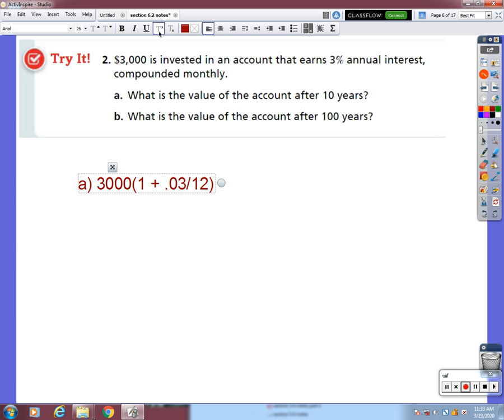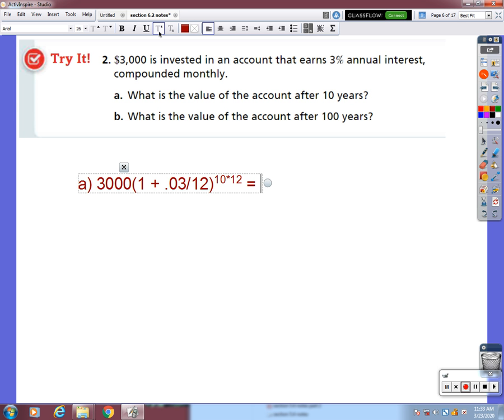And then I want to do this 10 years, so 10 times 12 is how many compounding times we're going to have. So on the calculator, 3,000 times 1 plus 0.03 divided by 12.